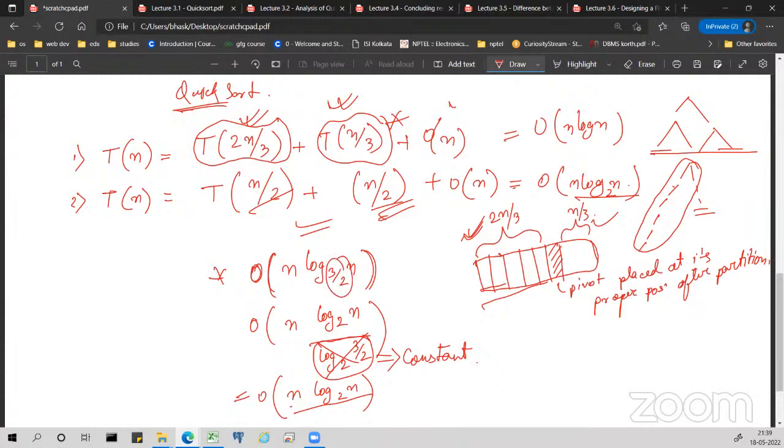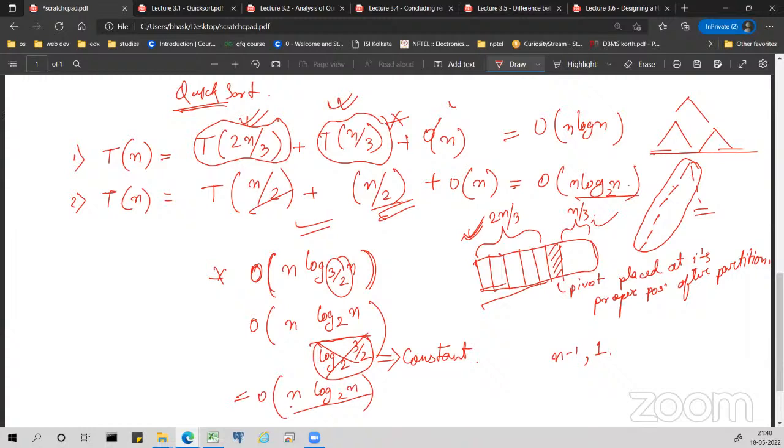So whatever be the division of the array, whether it is 2n by 3, n by 5, 4n by 5, 1 by 2, 1 by 2, whatever be the division, unless and until it is n minus 1 and 1, that is, the pivot is placed at the extreme, either the first or the last, right?